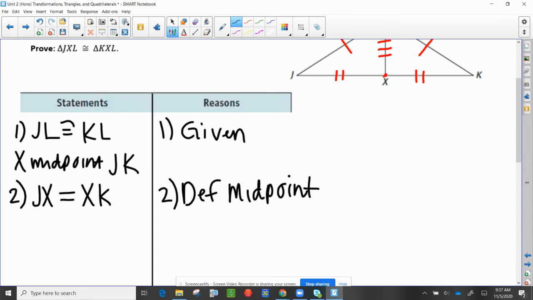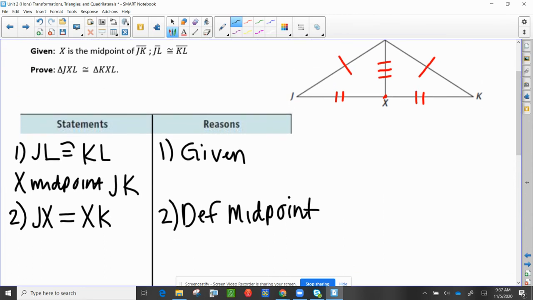Lastly was that reflexive property I used. I said that LX has to be congruent to itself, and that was because of the reflexive property.